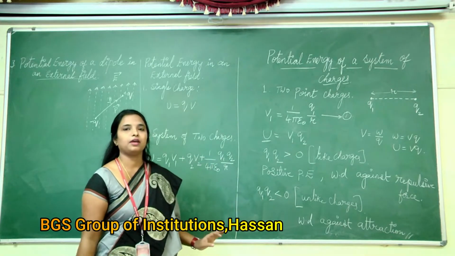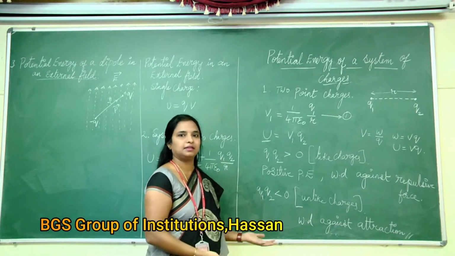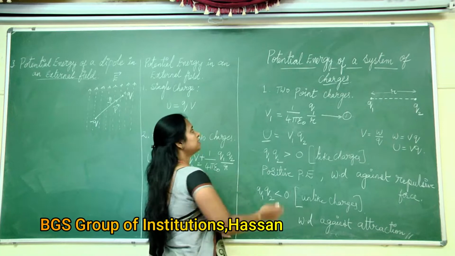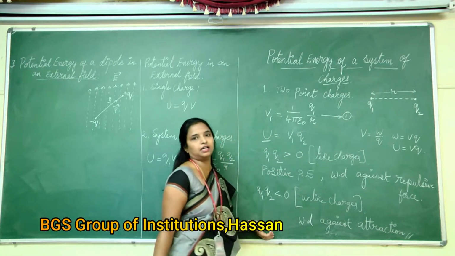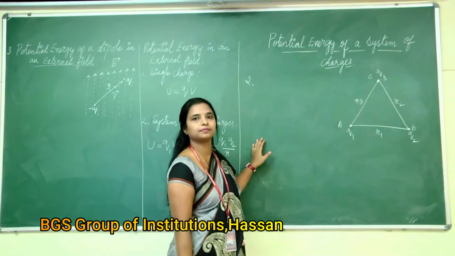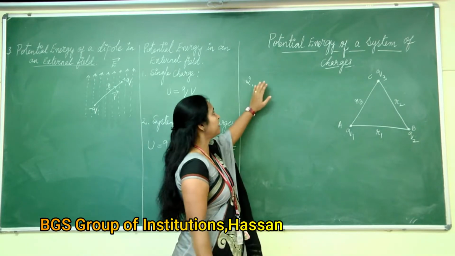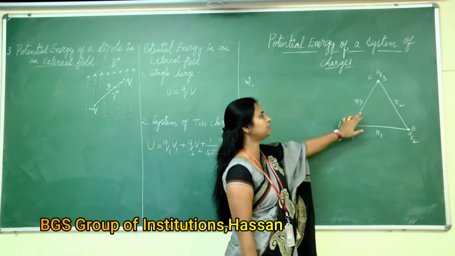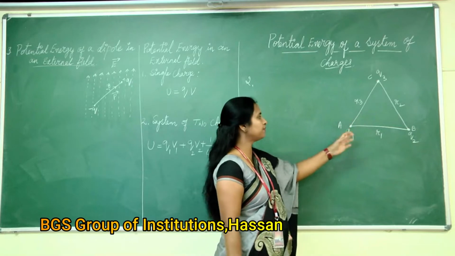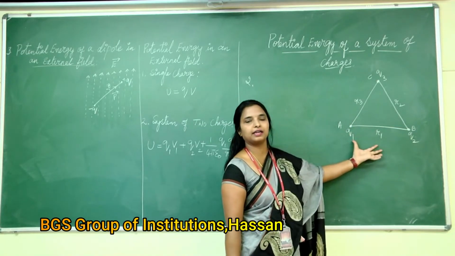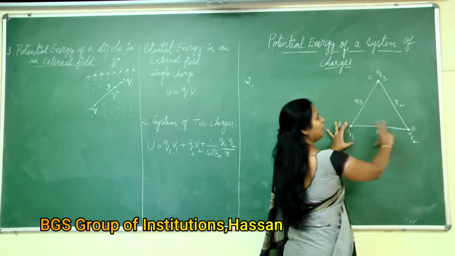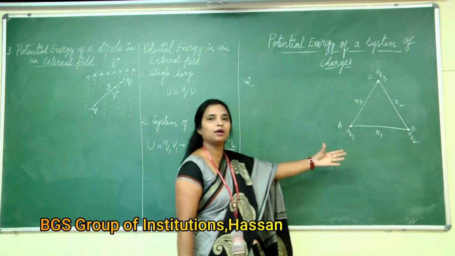In the same way, now we can generalize this equation. Let us derive the expression for potential energy of a system of 3 charges. For this, initially we have to calculate the potential energy for a system of 2 charges as we did in the previous case.